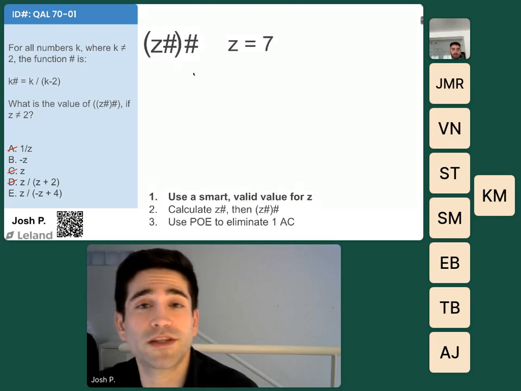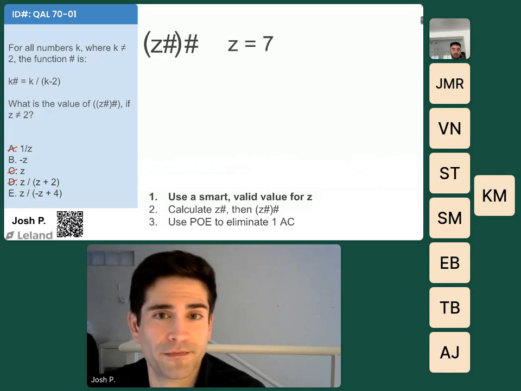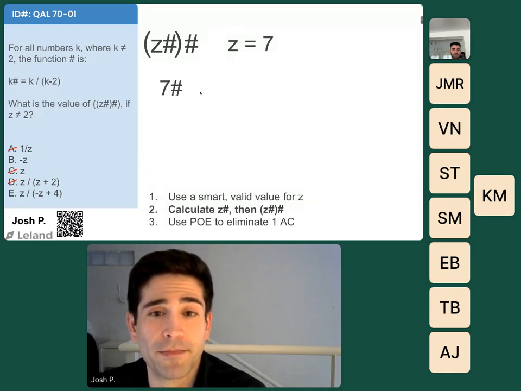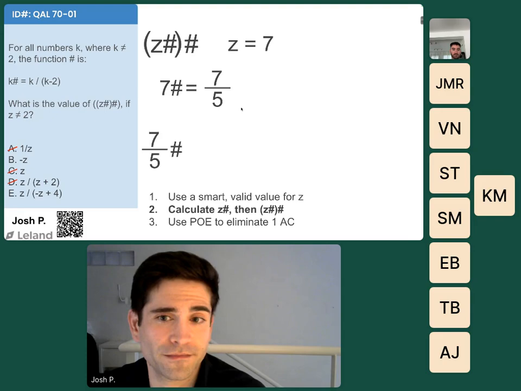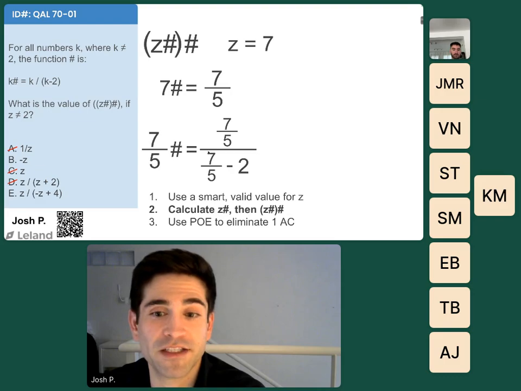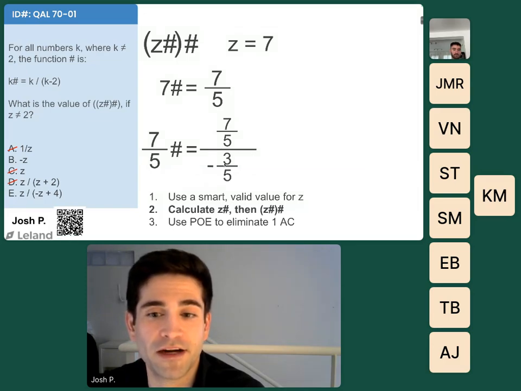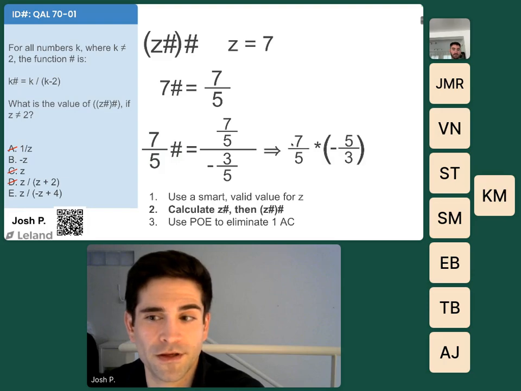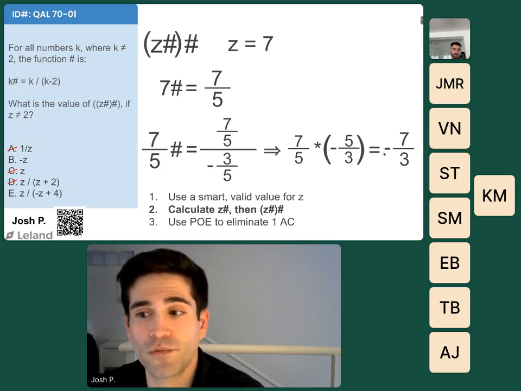Now we're going to choose another smart valid value for z. And we can say that z is equal to 7. So 7 pound is equal to 7 over 5. 7 over 5 pound is equal to 7 over 5 divided by 7 over 5 minus 2, which gives us 7 over 5 divided by minus 3/5, which is equivalent to 7 over 5 times minus 5 over 3, which gives us minus 7 over 3.